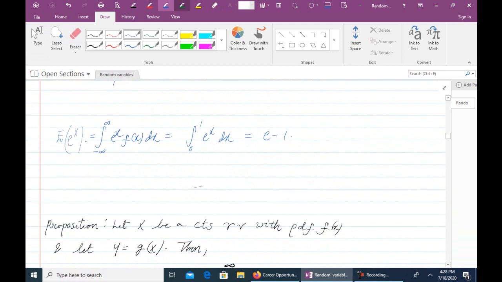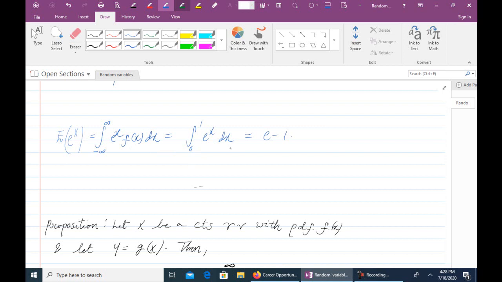We just take the integral from negative infinity to infinity of e to the x times f of x dx, and because f of x is 0 unless x is between 0 and 1, this integral reduces to the integral from 0 to 1 of e to the x dx, and that's just going to give us e minus 1 again.